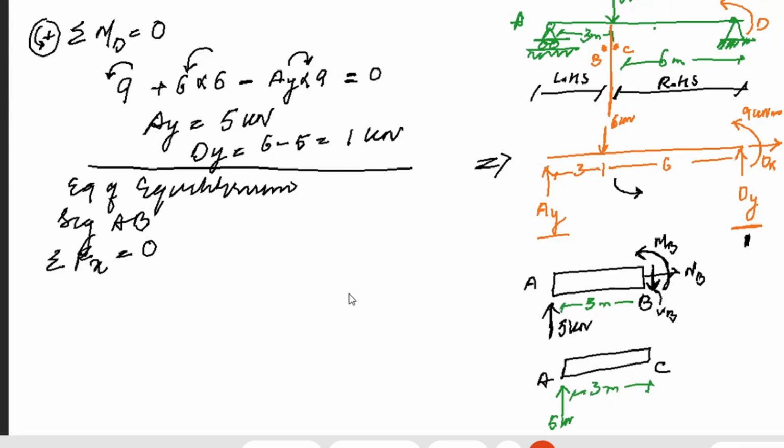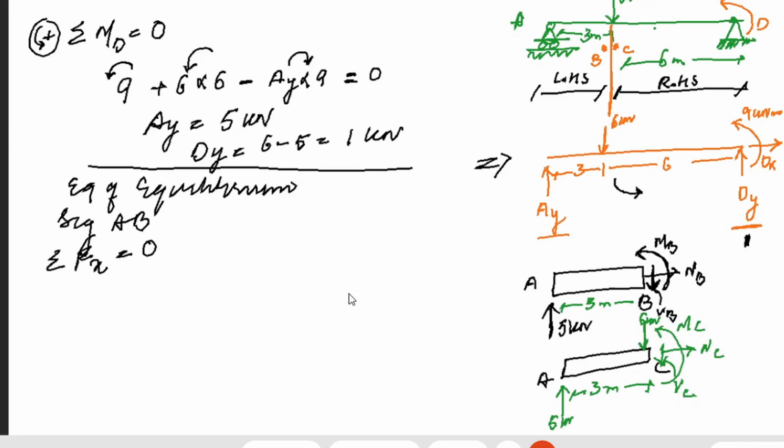And then at point C, now the load has been incorporated again, which is 6 kilonewton, and at this point it will have VC, it will have NC, and it will have a moment MC, moment at C.